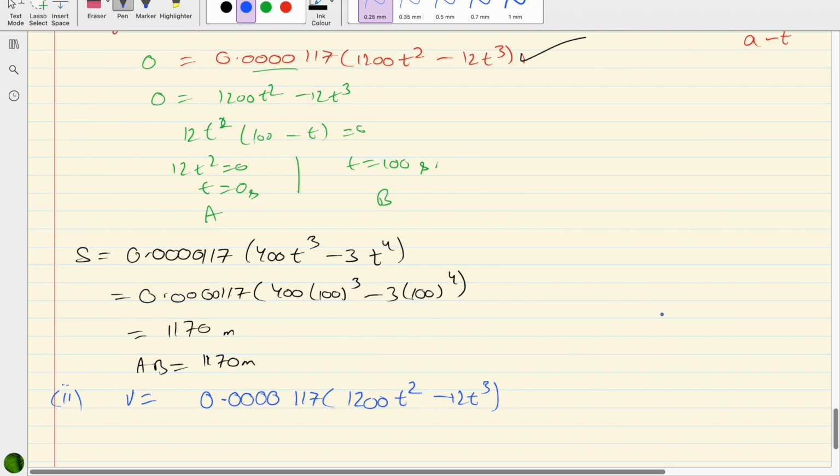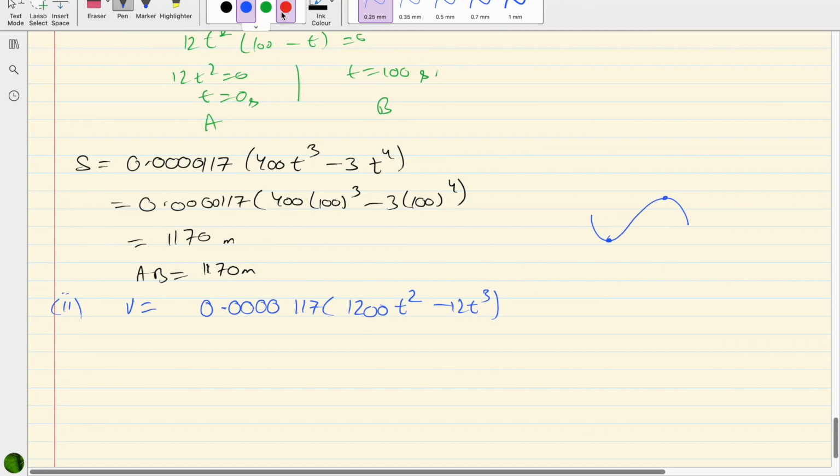Now maximum velocity. We know maximum and minimum values could be found at the turning points. That is given by the derivative. And also at maximum velocity, acceleration would be 0. Acceleration is the derivative of velocity.